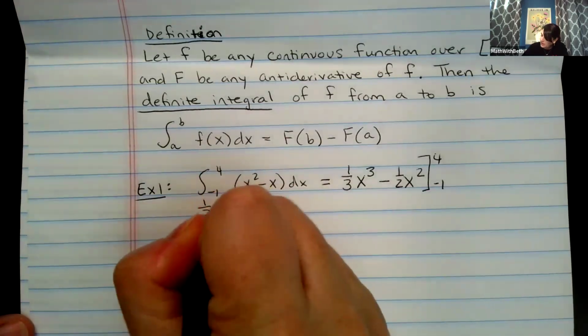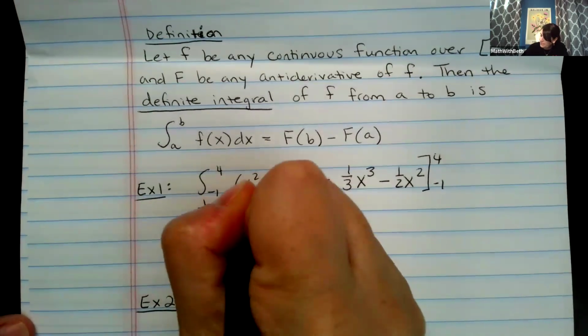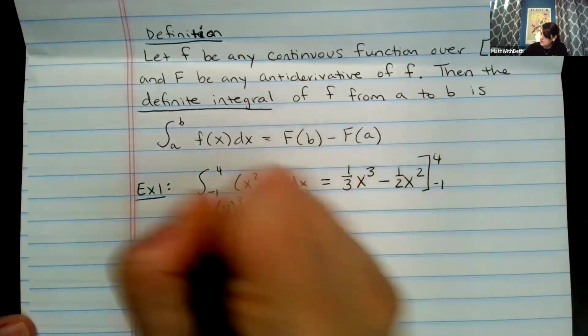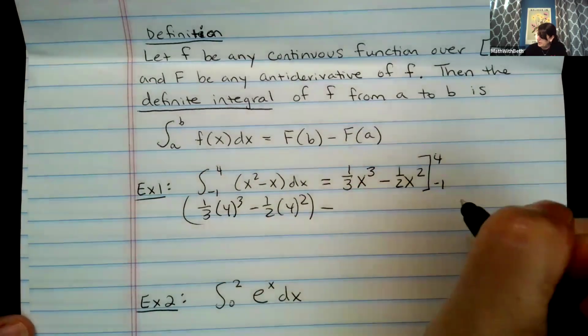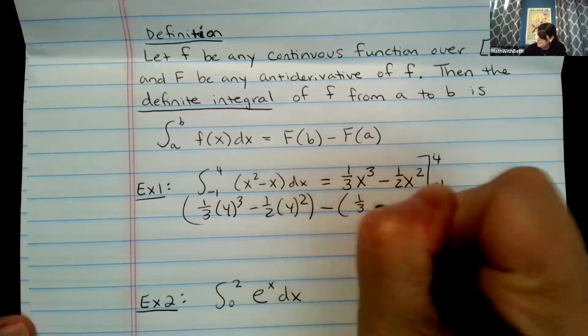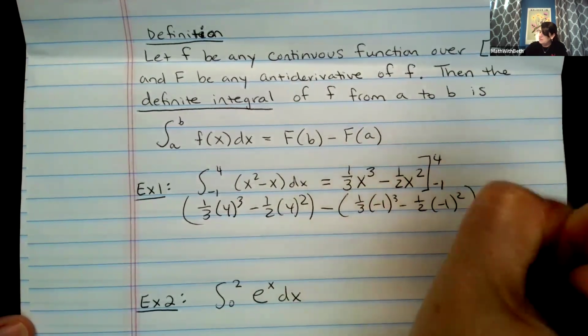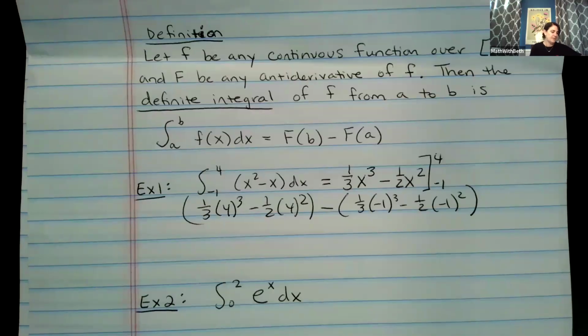So plugging in 4 would get us this, and plugging in -1 would get us this. So let's see what that would give us. Okay, so from -1 to 4, x squared.